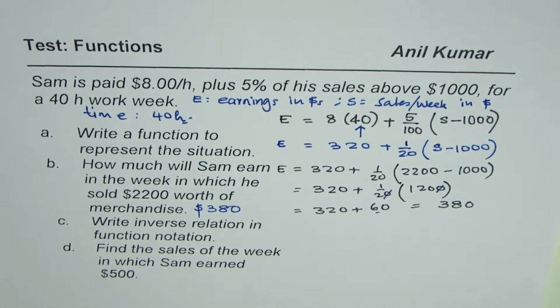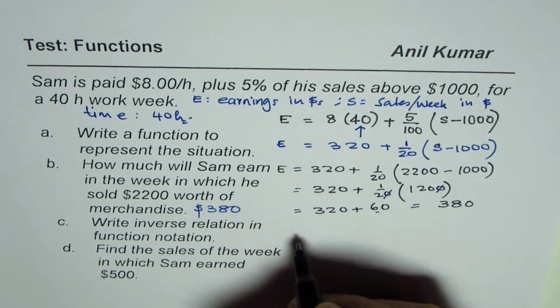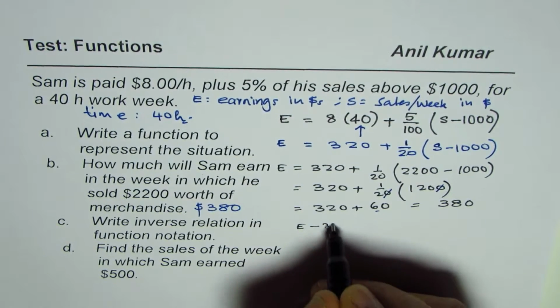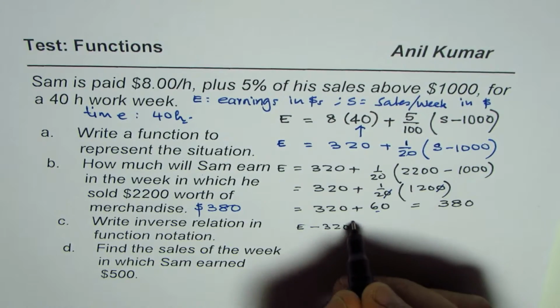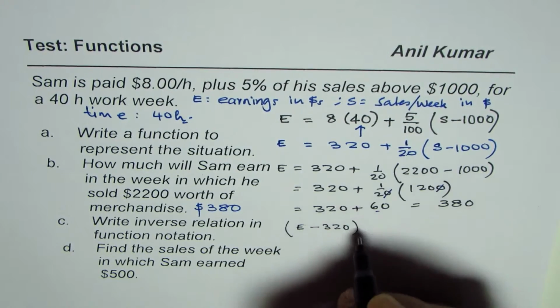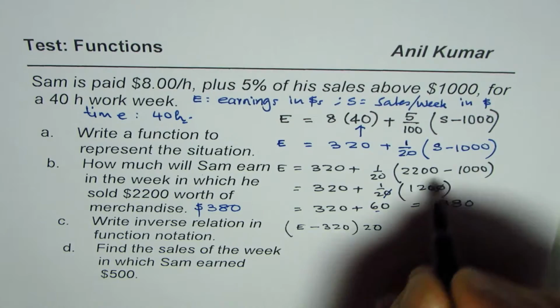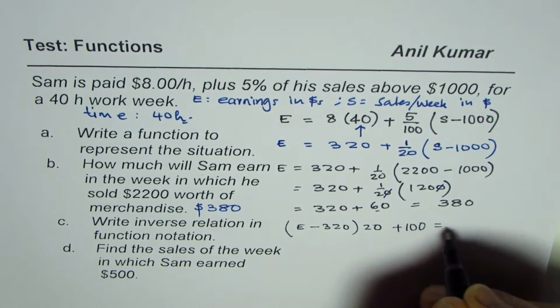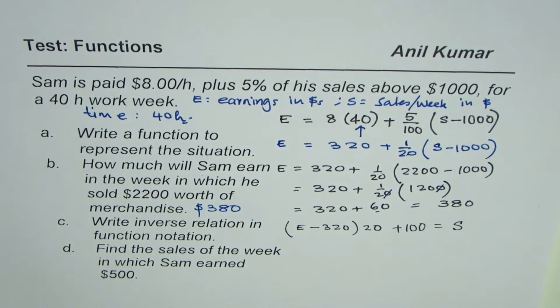Let's begin by writing E minus 320, and then we multiply this by 20, and then we add 1,000, plus 1,000 equals sales. That becomes the inverse relation.